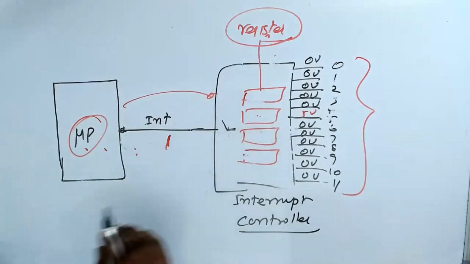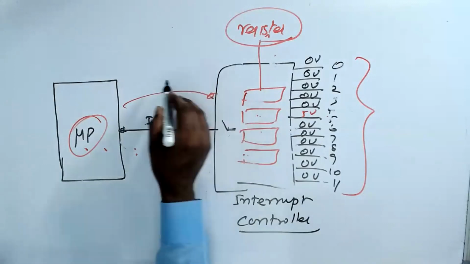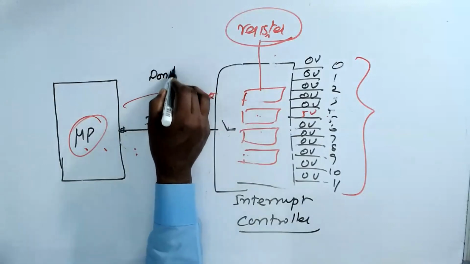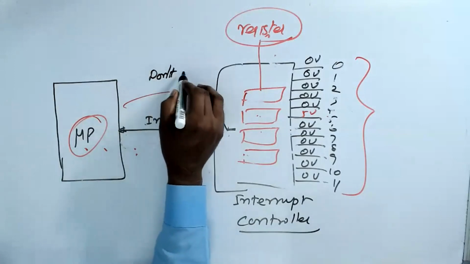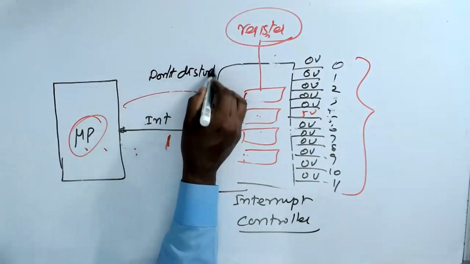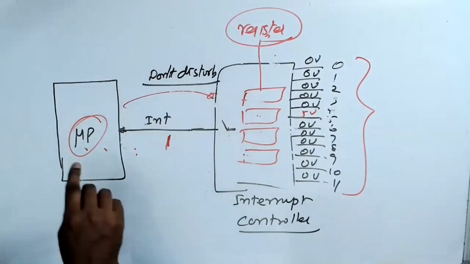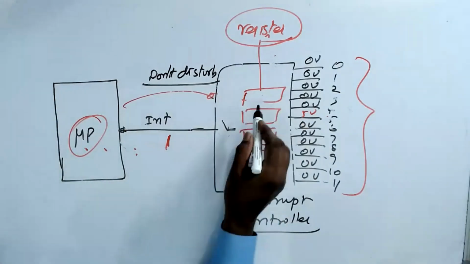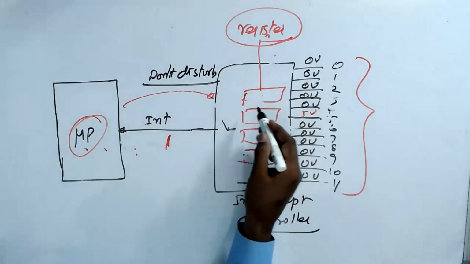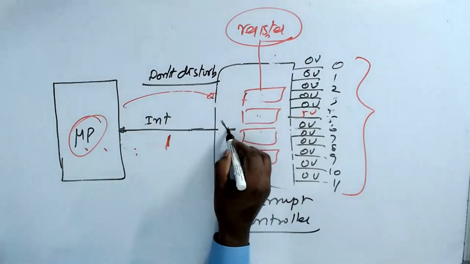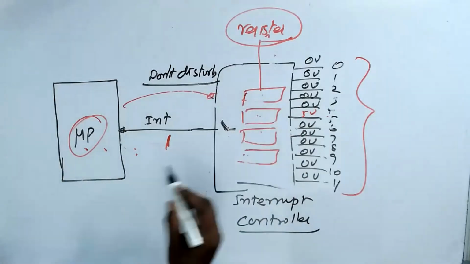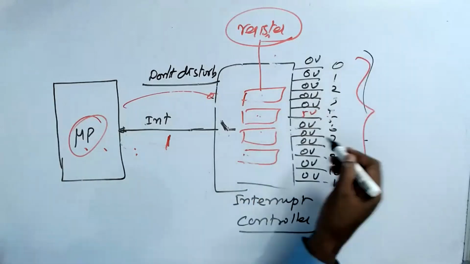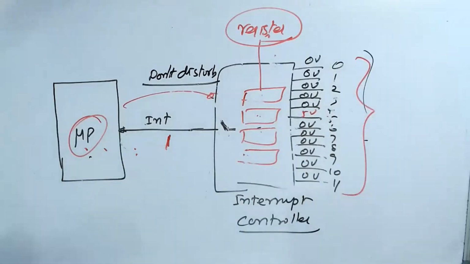If I tell the controller, don't disturb, that means it will write to the register. Speaking means writing to the register. Then this switch will become off. That means that even if all the interrupts come, the microprocessor will not be disturbed. Am I right?